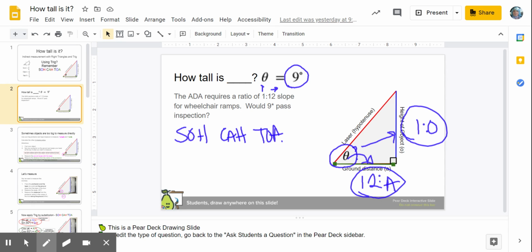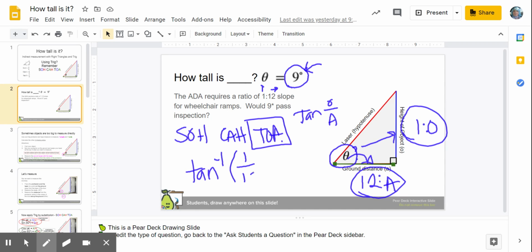Which one relates opposite and adjacent? Tangent. Okay, so we do tangent and we do a little -1. I kind of think of the -1 as that little degree symbol. Okay, and then I just do O over A because tangent is opposite over adjacent, right?